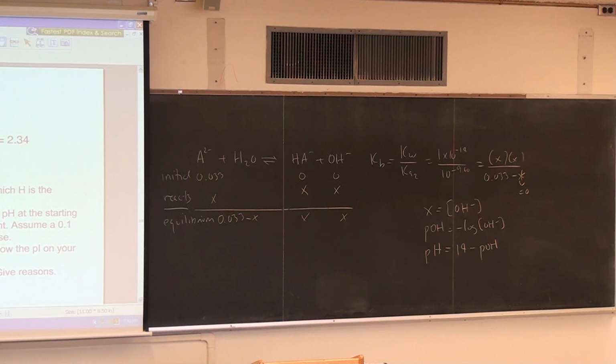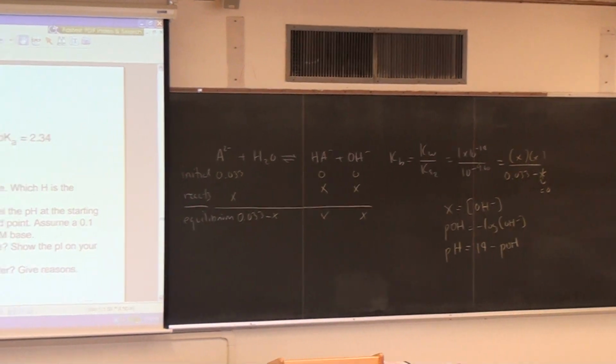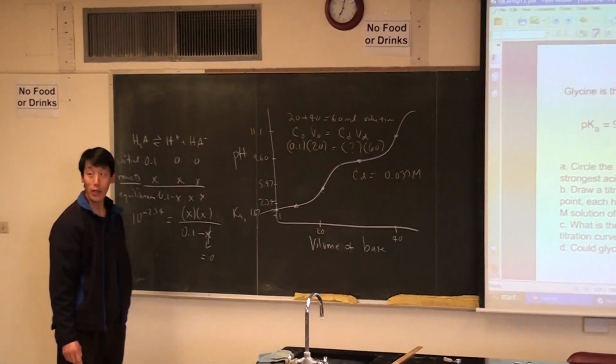Part C, what is the isoelectric point of glycine? This is the fully protonated form of glycine. And what is the charge of glycine in that structure? Yes, that's +1. So the +1 charge is going to be here at the starting point. At the halfway point, what's going to be the charge on glycine?